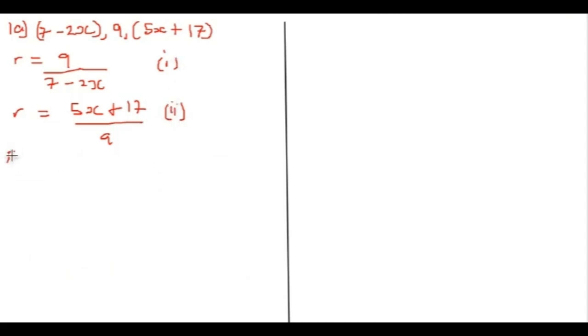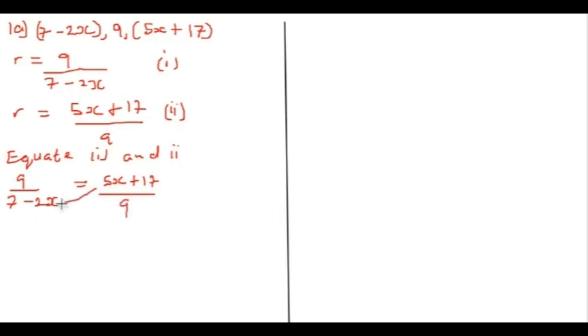So we equate 1 and 2. So what do we do? That implies 9 over 7 minus 2x equals 5x plus 17 over 9.